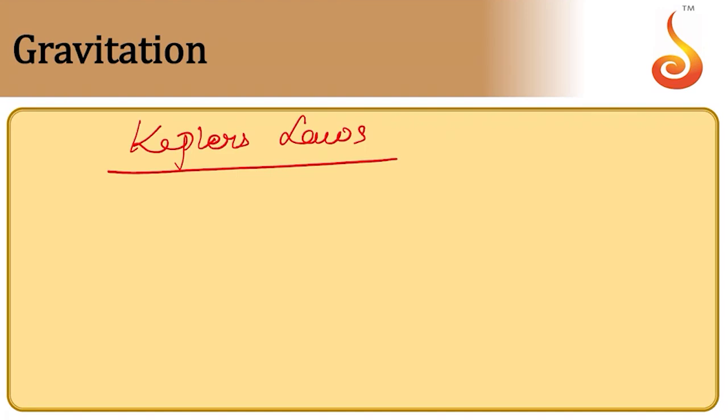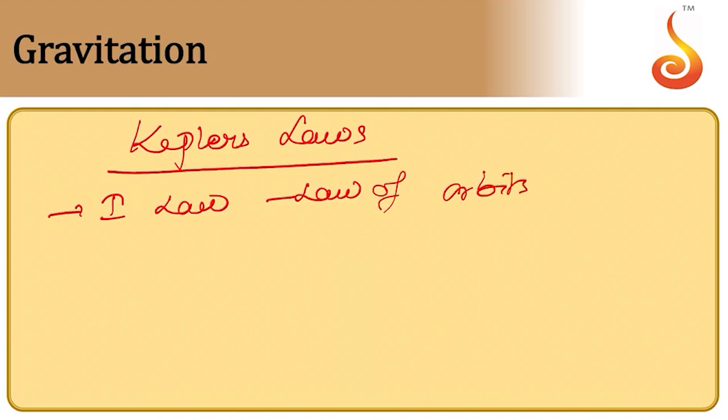The first law is known as the law of orbits, according to which the path is elliptical and the sun is at one of the foci, or say it is at one focus. That is the first law. So according to the first law, the planets revolve in an elliptical path with the sun at a focus.